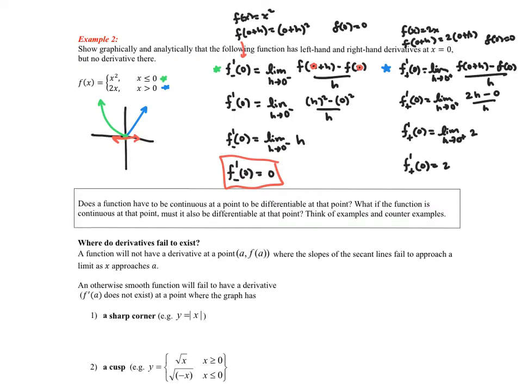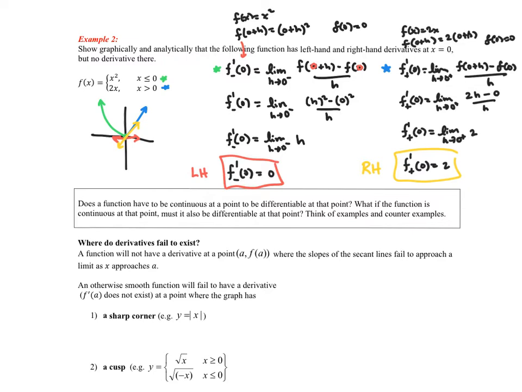Okay, so I'm going to just sketch the slope of that tangent line, which is equal to 2. We've identified that there are two slopes, a left-handed slope, or a left-handed derivative. Here's your left-handed derivative. And then a right-handed derivative. Here's your right-handed derivative. But those derivatives aren't the same.